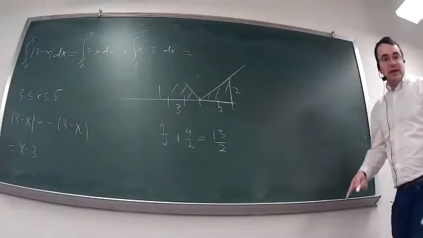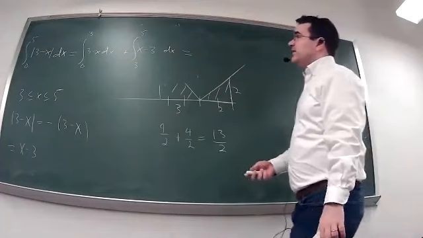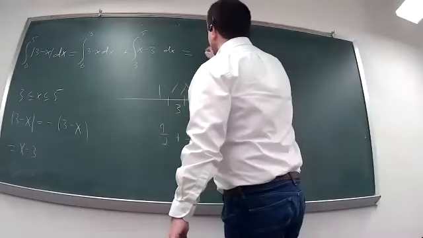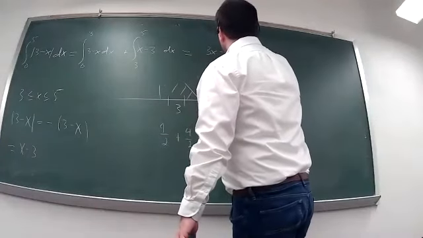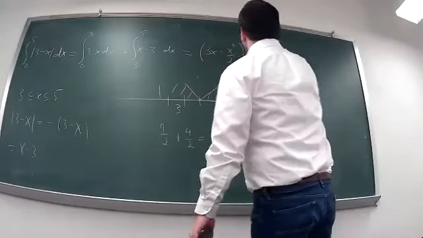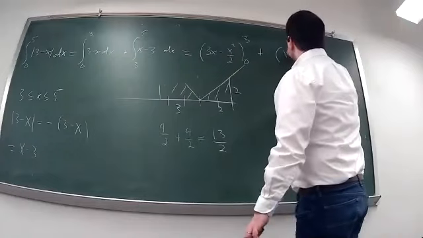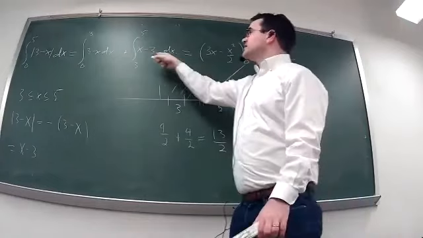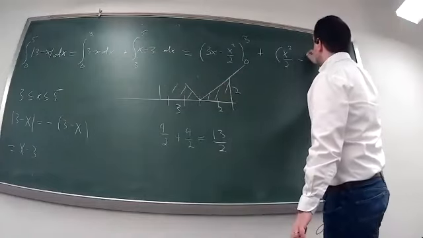So the antiderivative of 3 minus x that I'll choose is just 3x minus x squared over 2, and I'll evaluate that from 0 to 3, and then I'm adding the antiderivative of x minus 3, which will be x squared over 2 minus 3x.